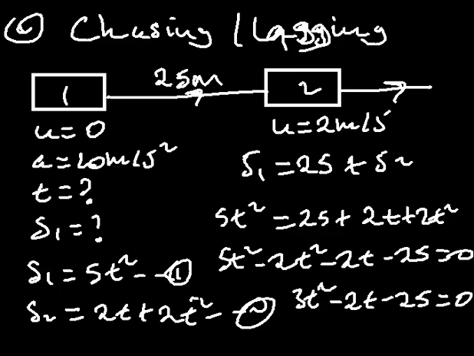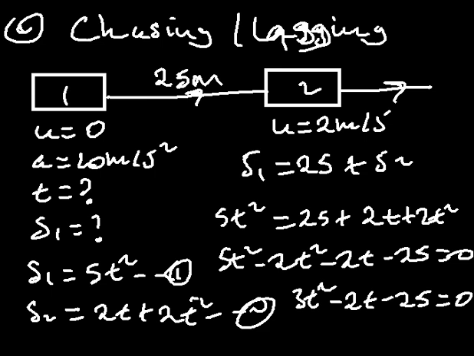You also have the final velocity of object 1 as it catches or overtakes object 2, and the final velocity for object 2 as it is overtaken or caught by object 1. So that's the principle behind.